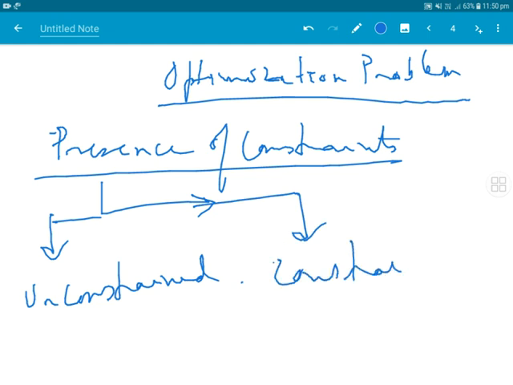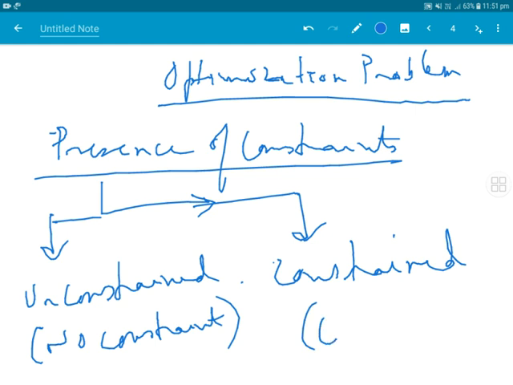The first example was unconstrained optimization, so no constraints there, and the second one was constrained optimization, so constraints present. So on the basis of whether constraints are present or not, we get these two categories of optimization problem.